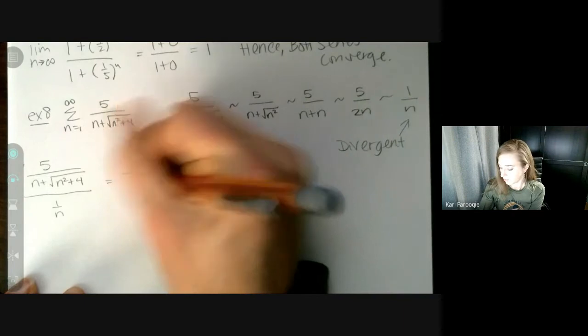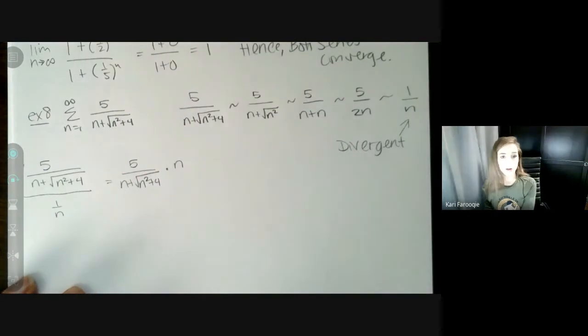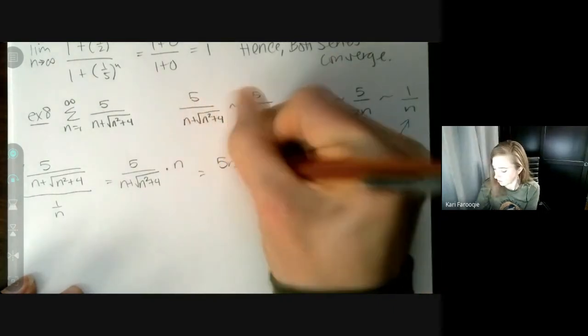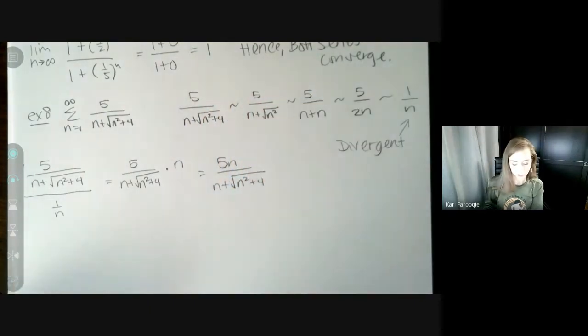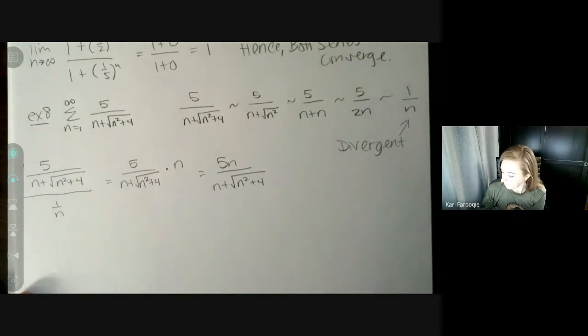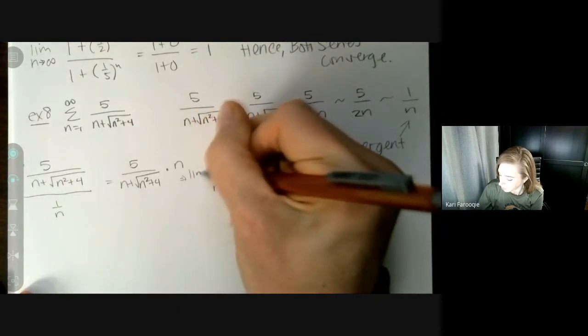And you can rewrite it by multiplying by n, which is 5n divided by n plus the square root of n squared plus 4. And if you want, just so we can see the limit, I'm going to pop it on there.